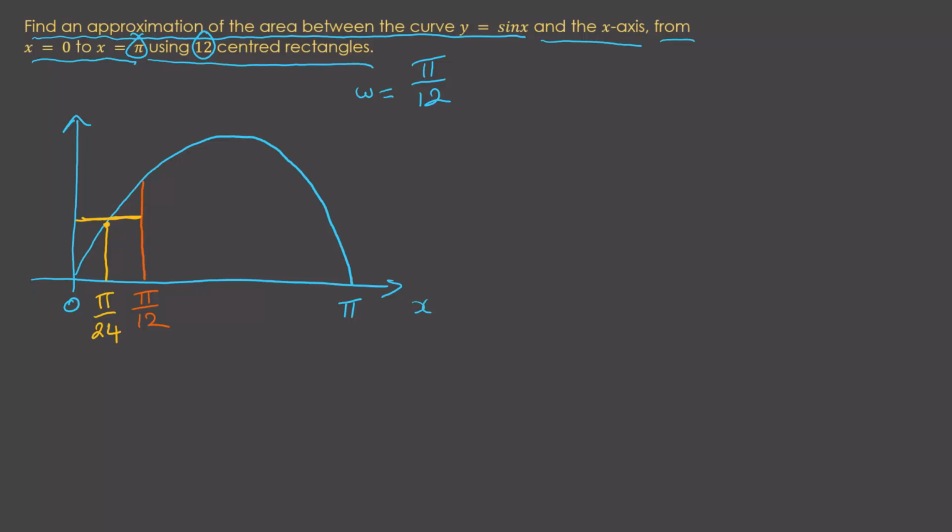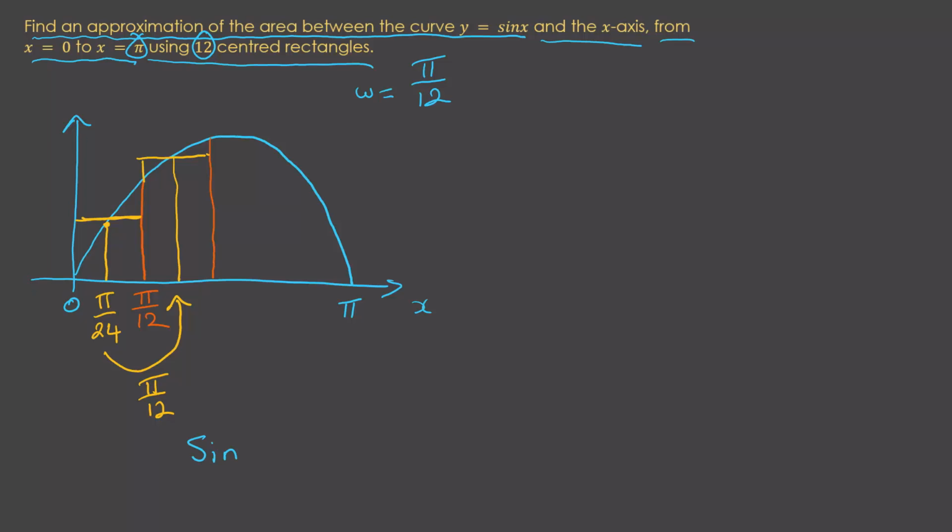The next rectangle over would be here. And since they all have a width of pi by 12, the distance from here to the center there must be pi by 12. So I'm starting to build up where I want to actually calculate.